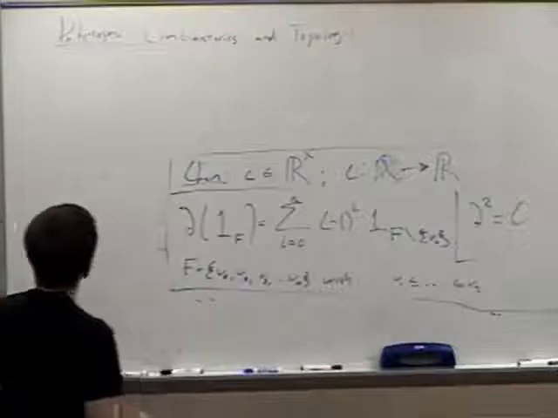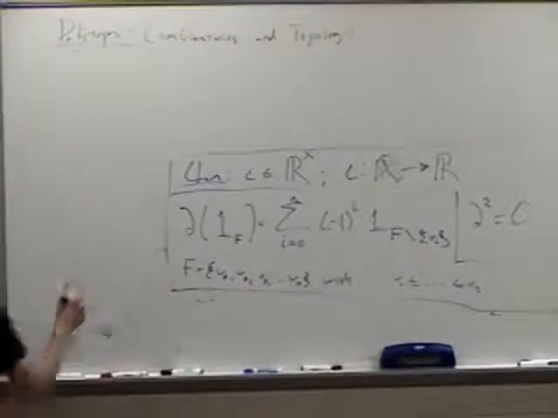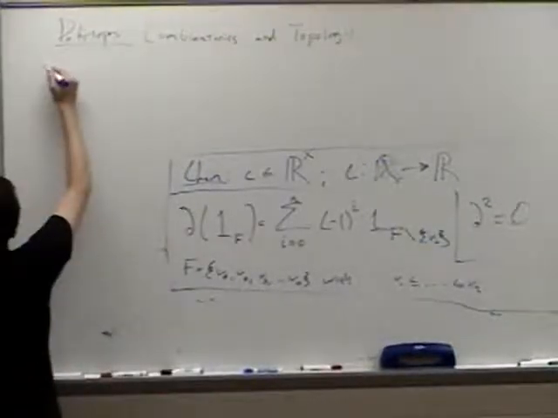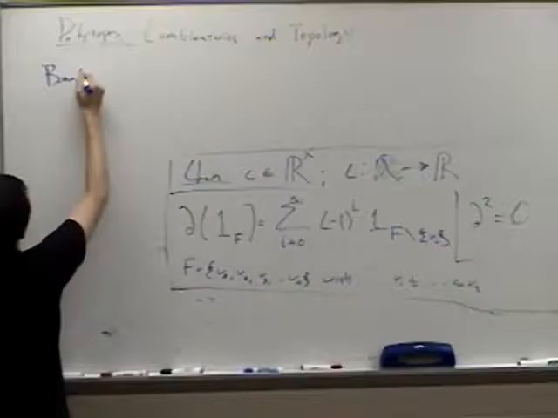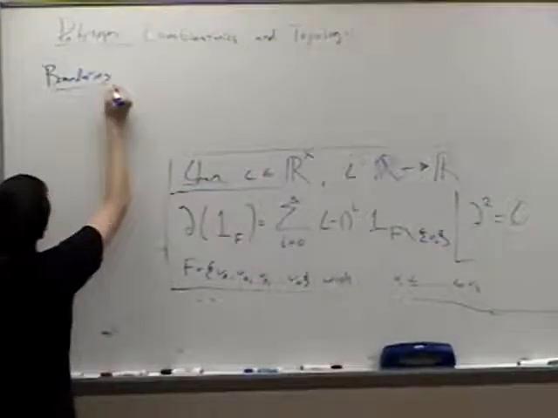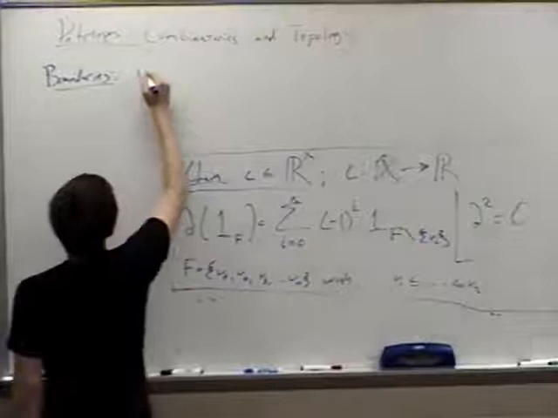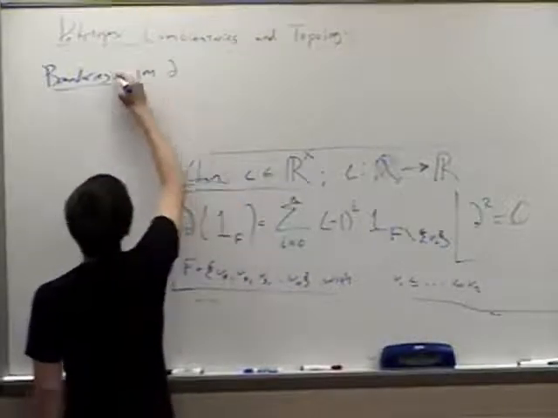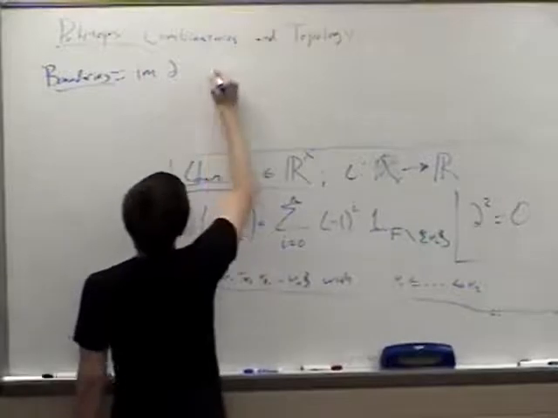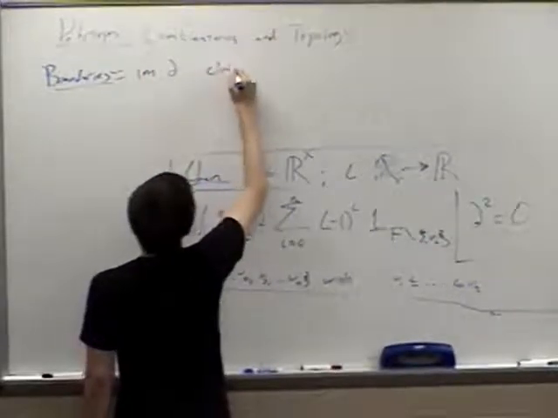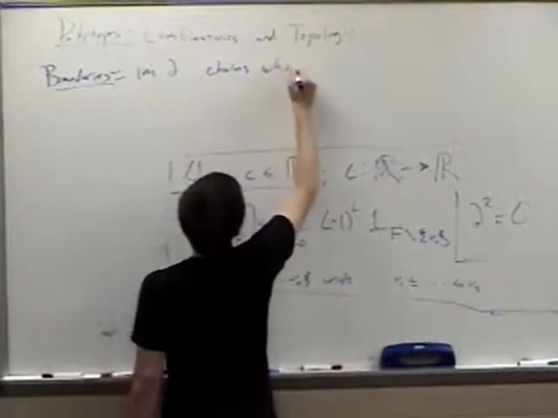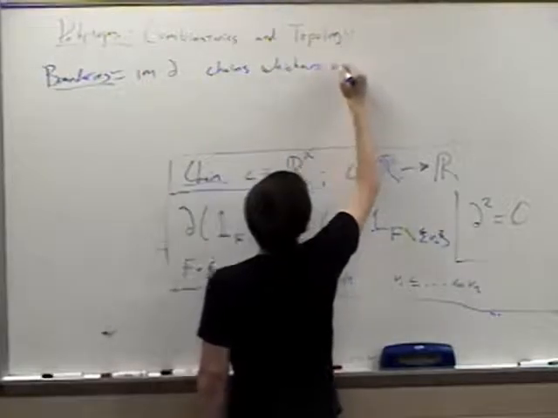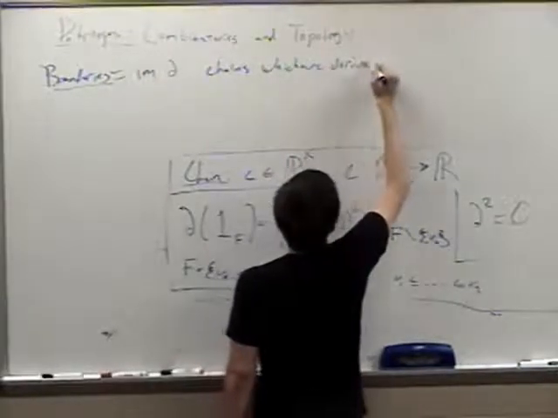So we have two types of chains. So we have boundaries, right, which are chains which happen to be contained in the image of delta, right? So these are basically chains which are derivatives of chains.